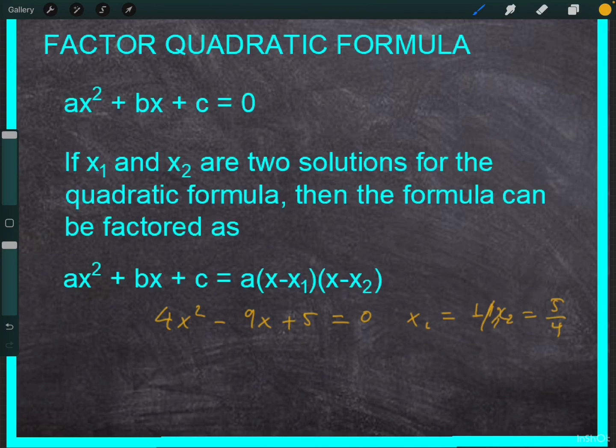So this quadratic expression can be factored as a, which is 4, times (x minus x1, which is 1) times (x minus x2, which is 5 over 4). Or we can distribute the 4 inside, so we have (x minus 1) times (4x minus 5).